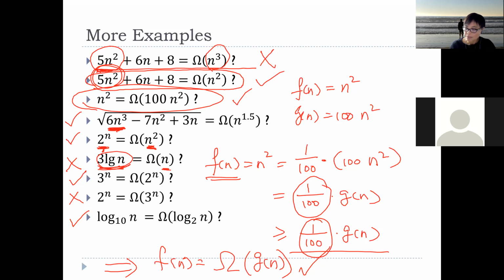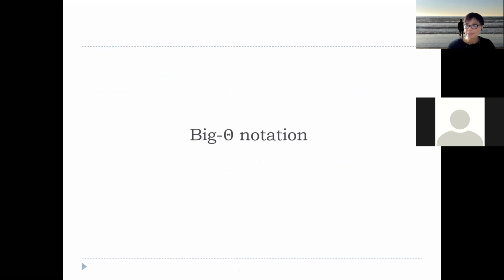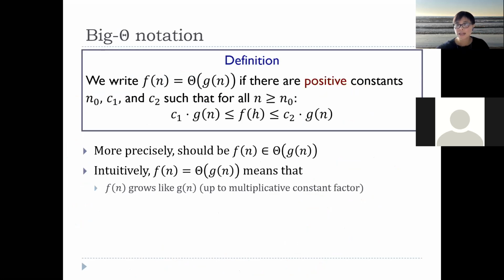All right. Questions? Okay, so finally we're ready to put both of them together. For the big theta notation, we say that f(n) is in big theta of g(n) if f(n) is bounded both from above and below by g(n) up to a constant.